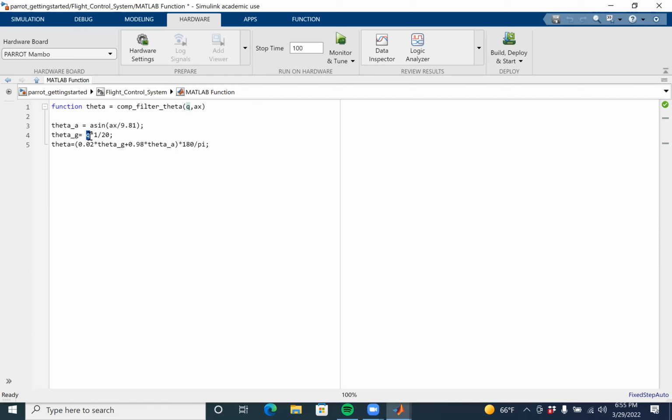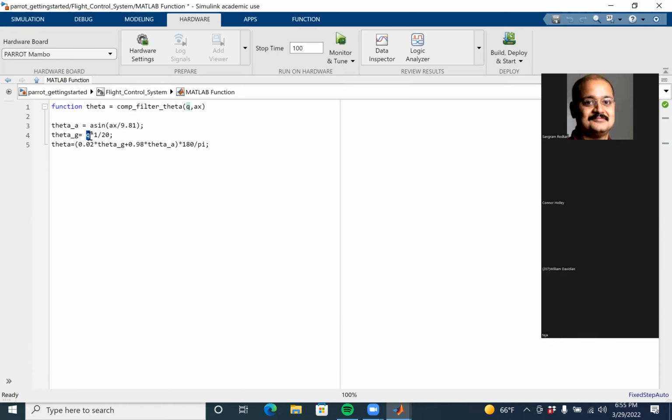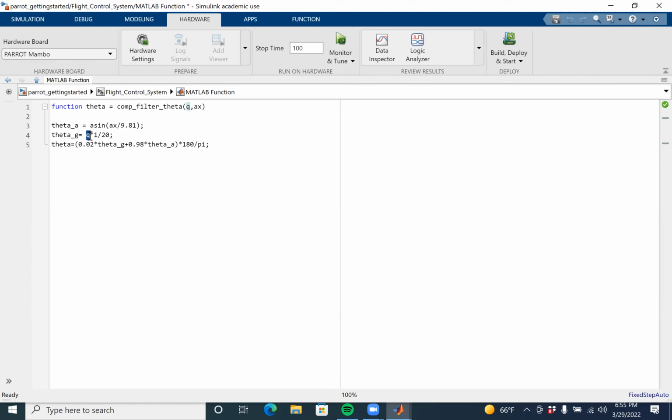So I'm getting the value of the gyro rate, multiplying that by the time delta t, and that gets me the angle. And at the end, I'm implementing a very simple complementary filter. In my complementary filter, the weight on the gyro angle is very small and the weight on the acceleration is very large. That means I'm doing the gyro through high pass filtering and the accelerometer through low pass filtering.